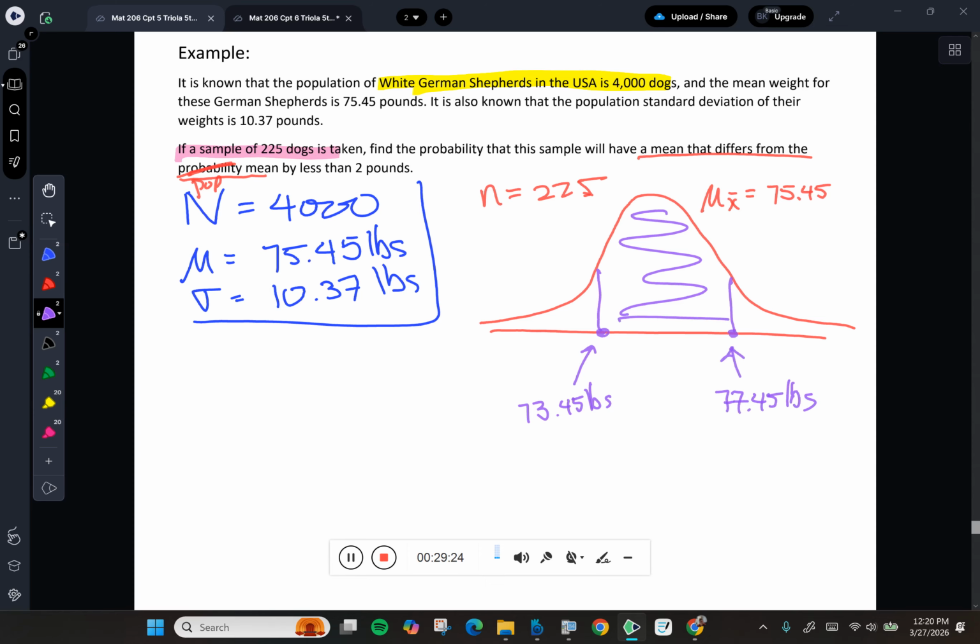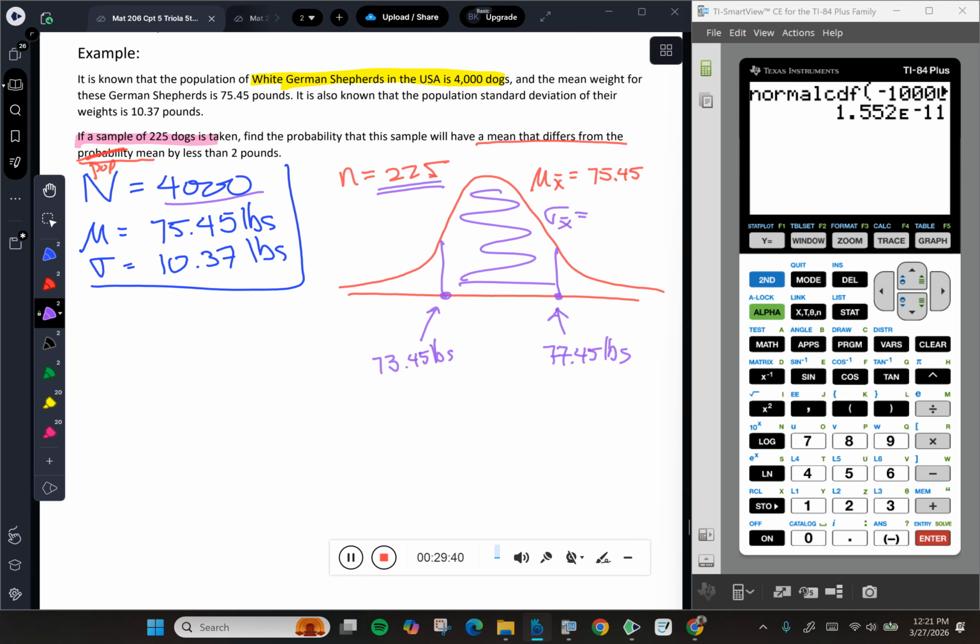So it looks like I've got a lower limit, an upper limit, and a mean. I just need a standard error on the mean, a standard deviation for the sampling distribution. Now the problem is this sample is relatively large compared to that. Our sample size compared to our population is more than 5%.